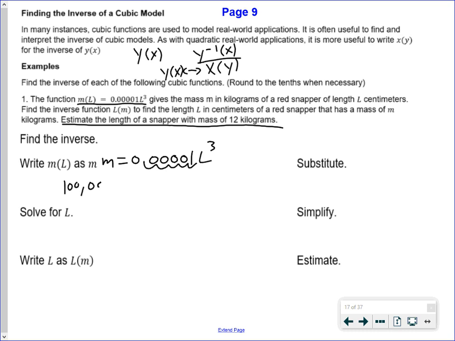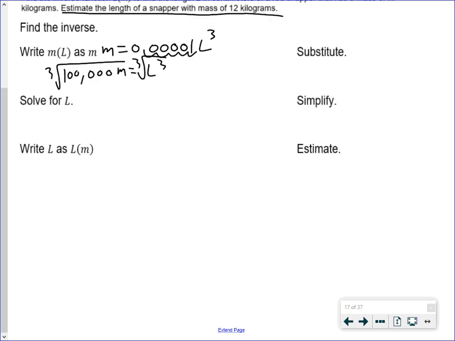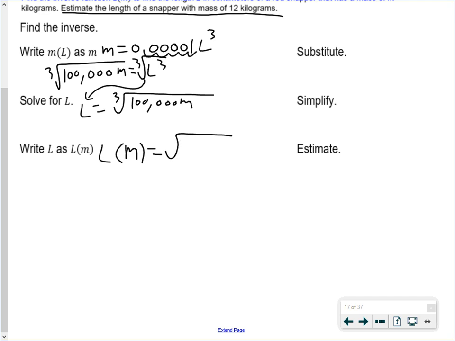We get 100,000 M equals L cubed. And then we need to take the cube root of both sides to get rid of that exponent of 3. And when we do, we get that L equals the cube root of 100,000 M. And so our inverse function is L of M equals the cube root of 100,000 M.